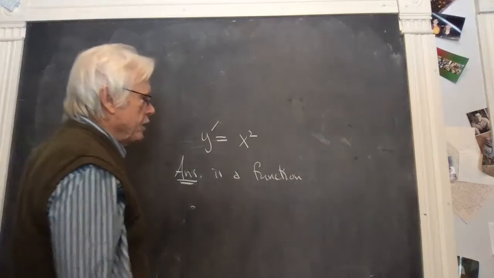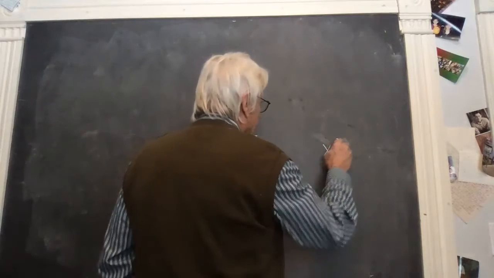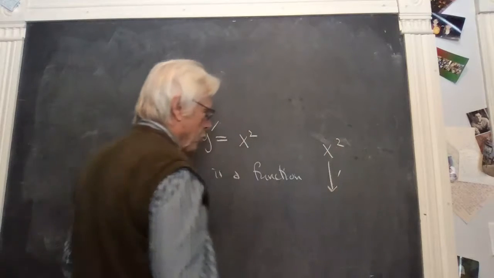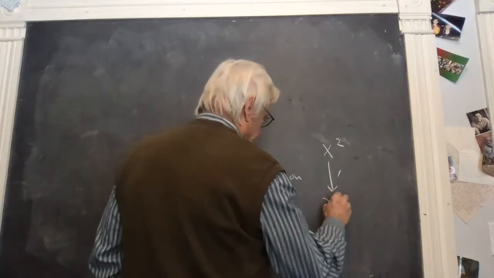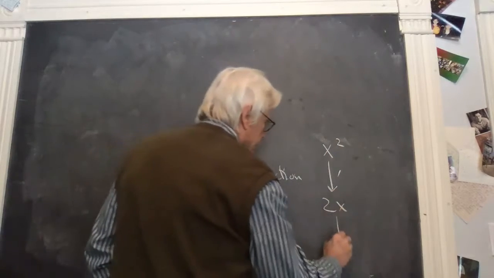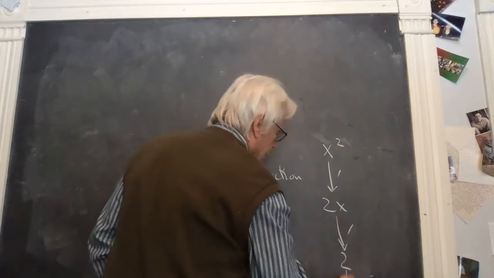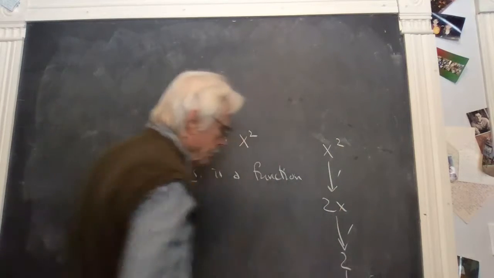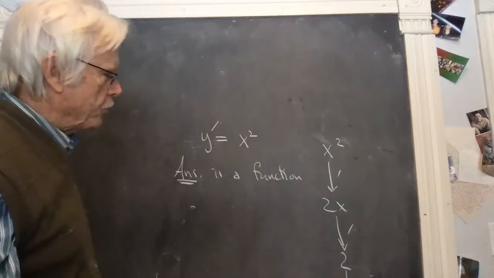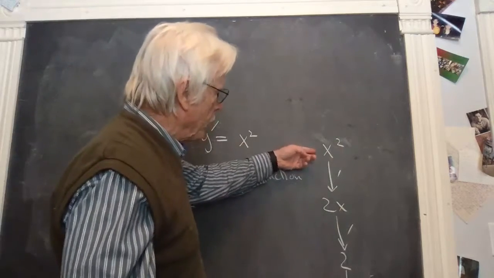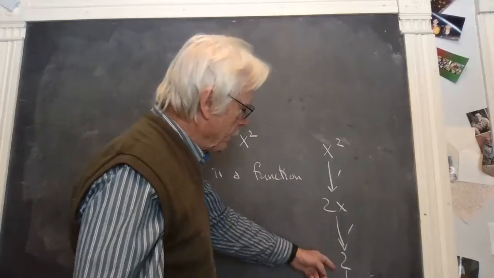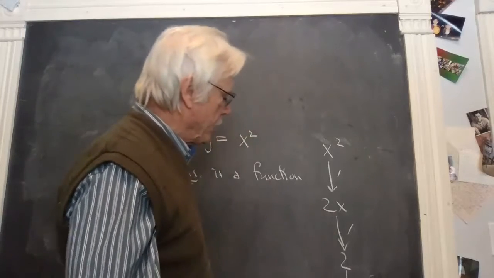I look at these things kind of like a chain where up and down means take the derivative. So if you begin with x squared, you take the derivative, you get 2x. Derivative of that is 2, derivative of that is 0, and then it's 0.